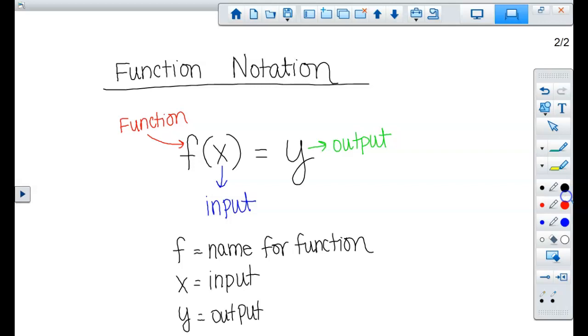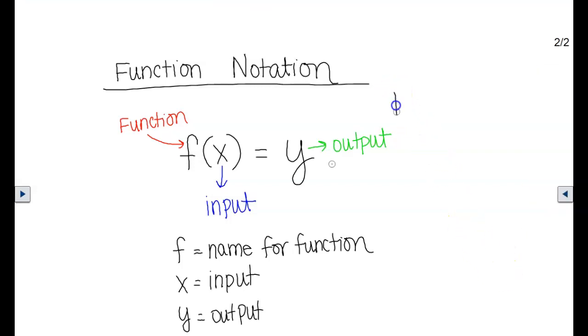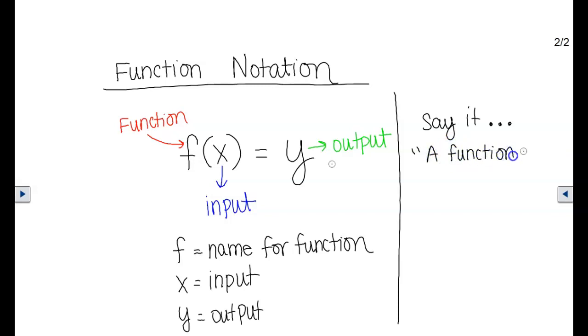Now, let's talk about how you say this. There are a couple of different ways. One is definitely simpler than the other. So when you read this statement right here, you would say a function of x equals y.